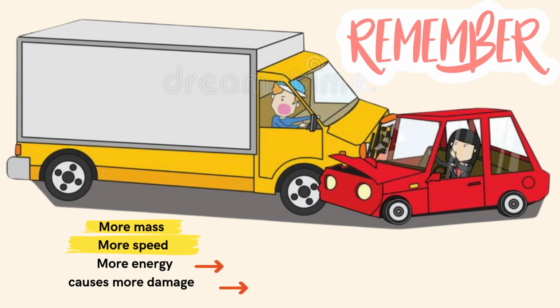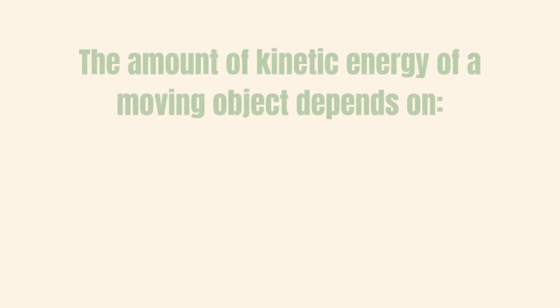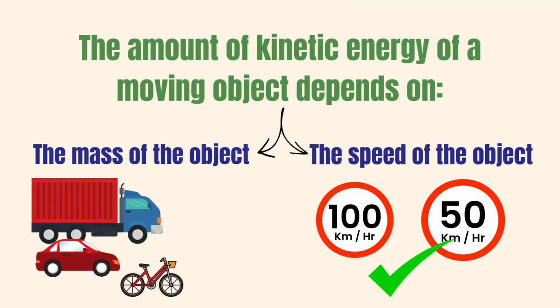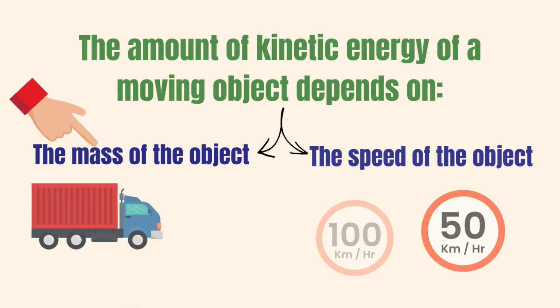So here we will see that the amount of kinetic energy of a moving object depends on two things: the mass of the object and the speed of the object. When the speed increases, the kinetic energy increases, because if an object has more mass and more speed, it has more kinetic energy, as we said.